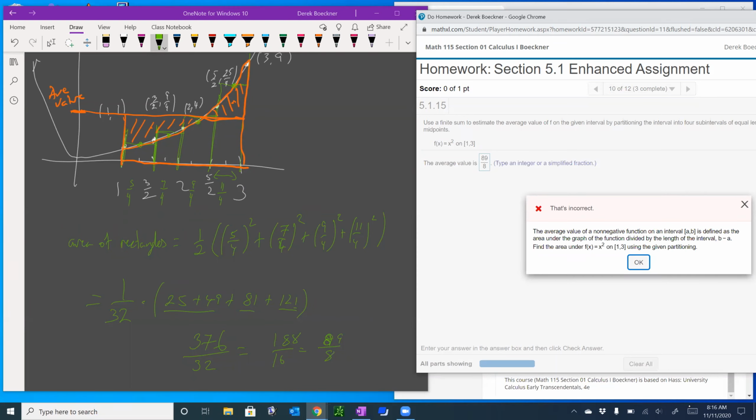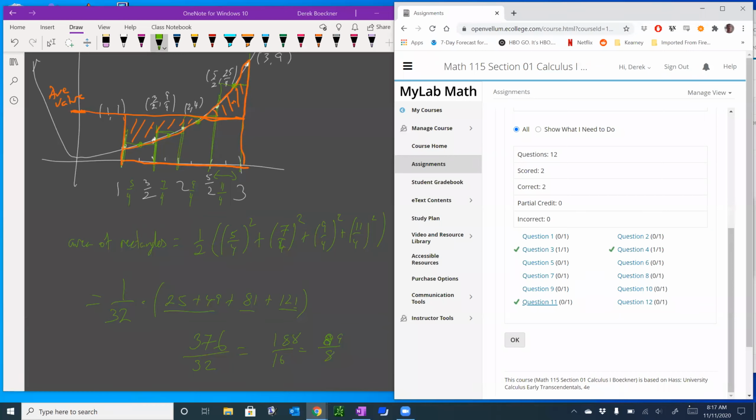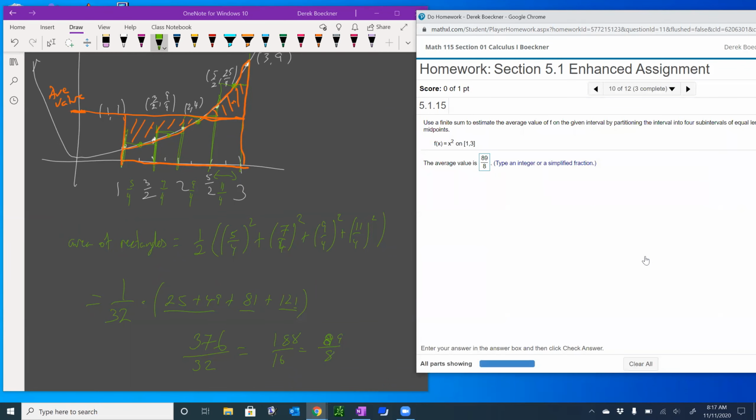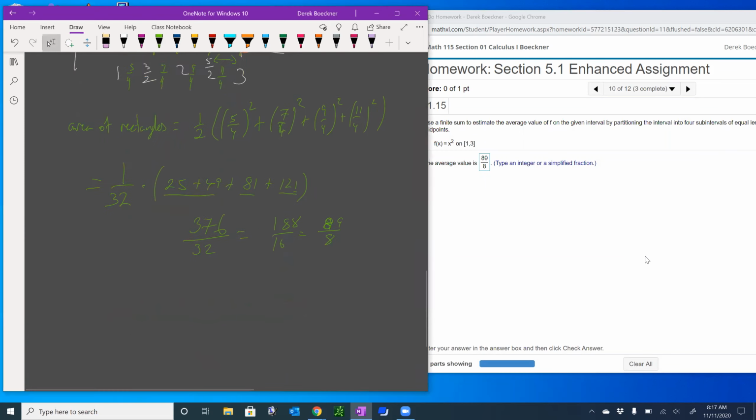Okay. Oh, plus I never divided by the length of the interval. That's probably why, actually. That was the green area. We want the average value.